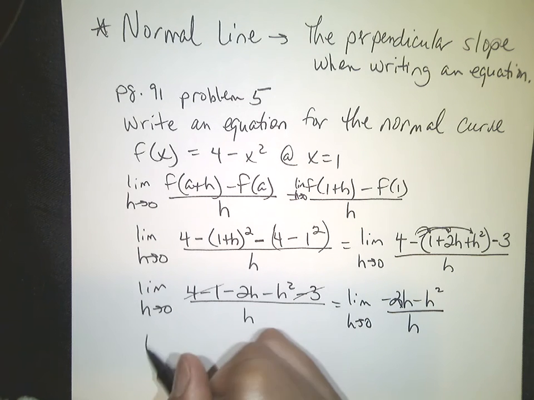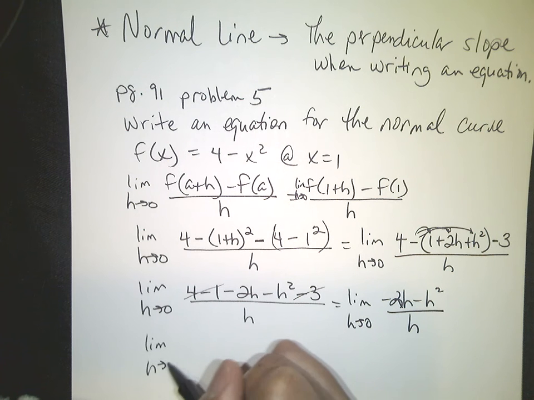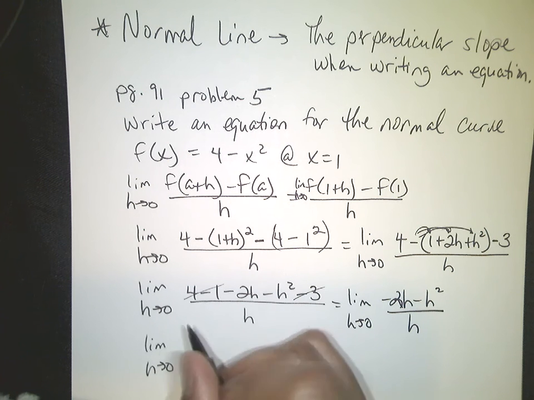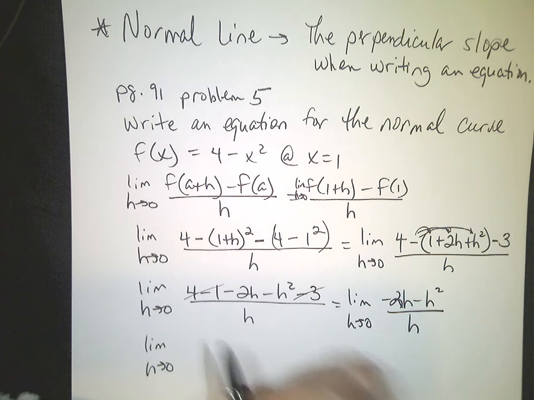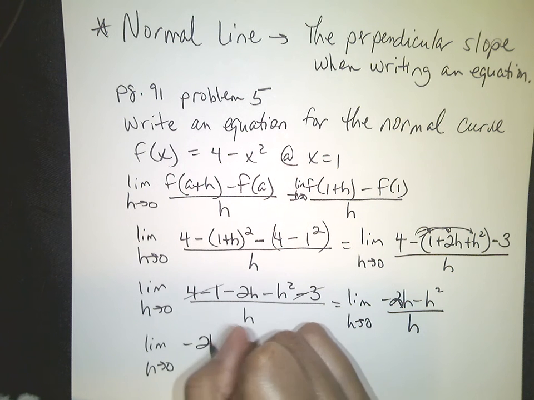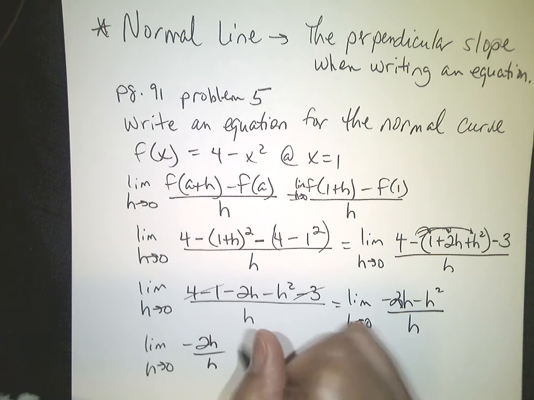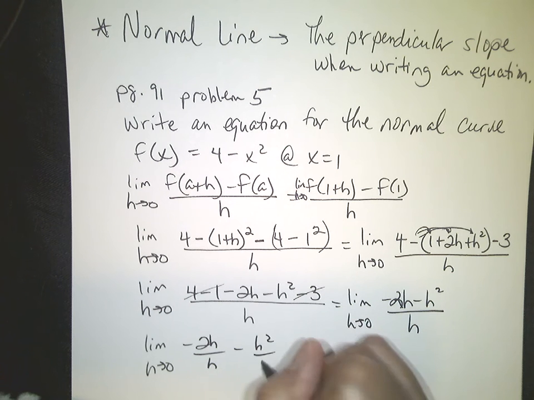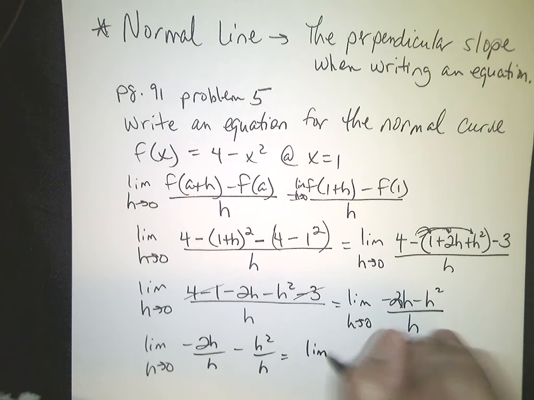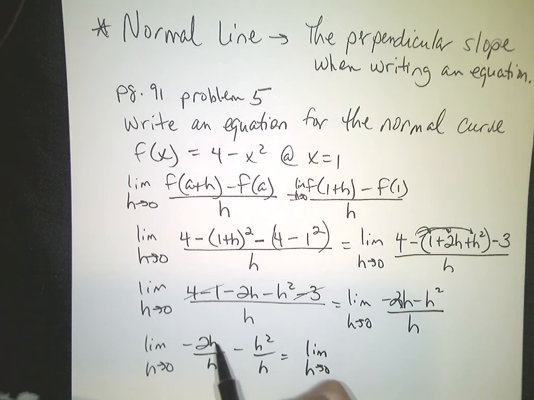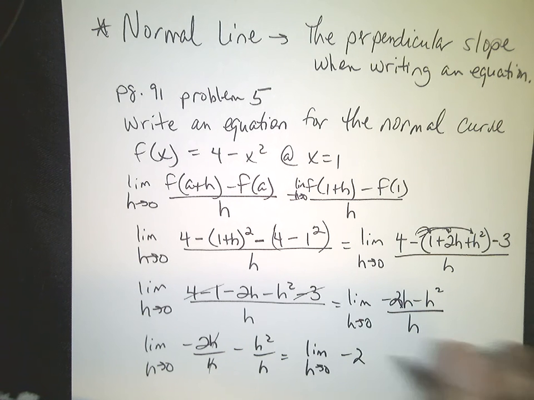So this would be the limit as h approaches 0. We're factoring, or we're simplifying, same thing. So this would be negative 2h over h minus h squared over h, which is the limit as h approaches 0 of, so this reduces down to -2. And then we have h's in both, so that reduces down to -h.